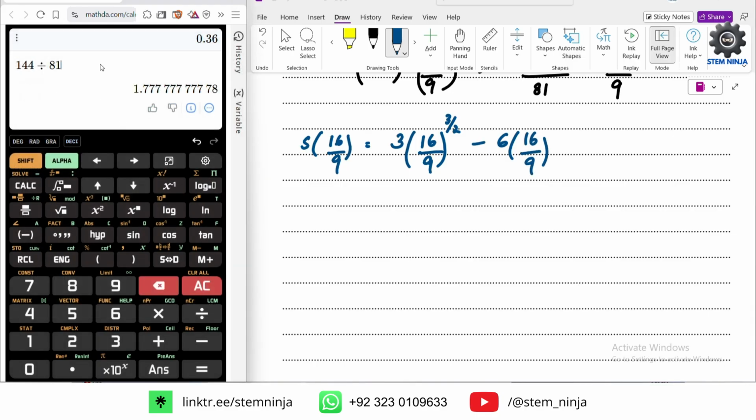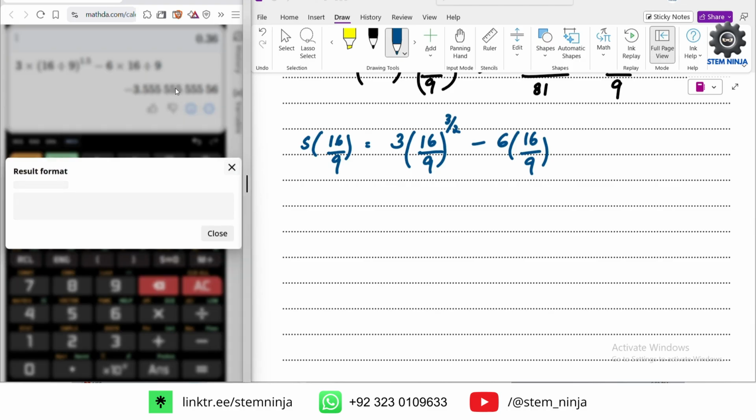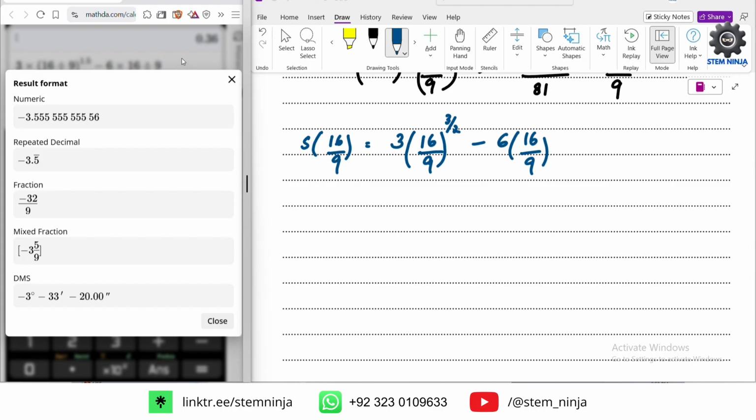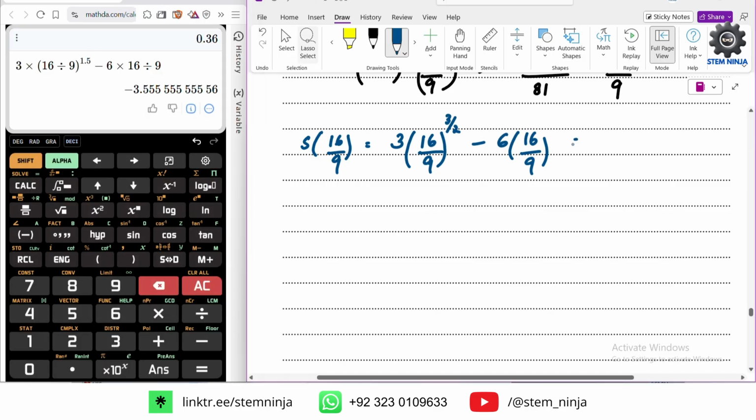Okay, so you get 3 times 16 divided by 9 raised to power 1.5, minus 6 times 16 divided by 9. As you can see, the displacement covered in this section is negative. So this is minus 32 over 9.